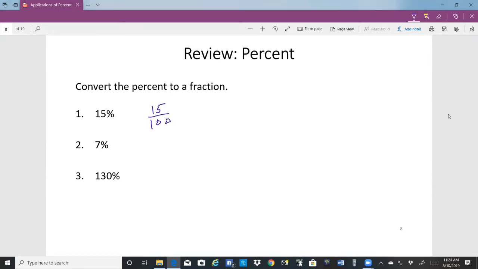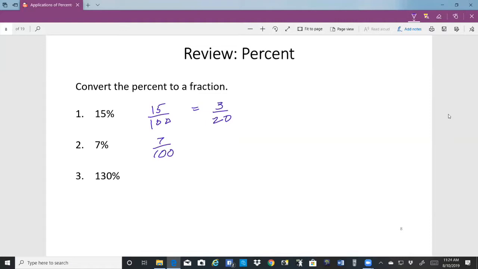And that's a fraction, and you can reduce this to lowest term by dividing the numerator and denominator by 5, and you get 3 over 20. For 7%, it's just going to be 7 over 100, and that's already in lowest terms.